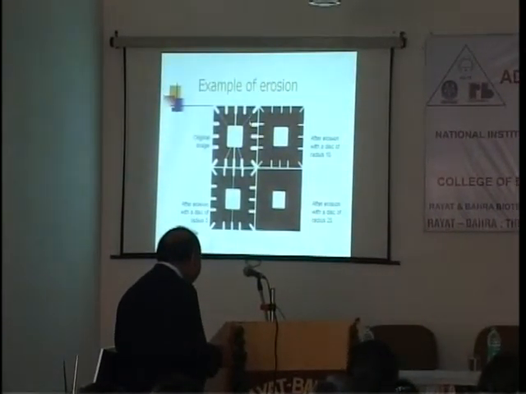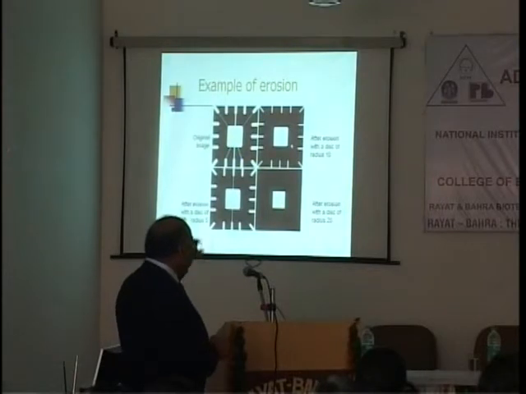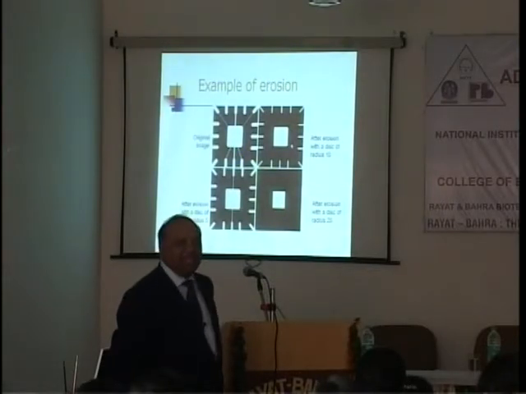This is a thin line and this is a thick line. If I use a disc-like structure of radius 5, my thin lines will be removed. The central thick line will become thin. If I use a radius of 5 to 10, all the connecting lines will be removed.